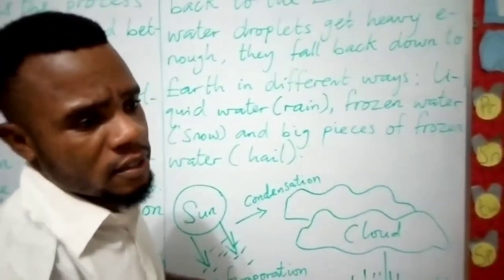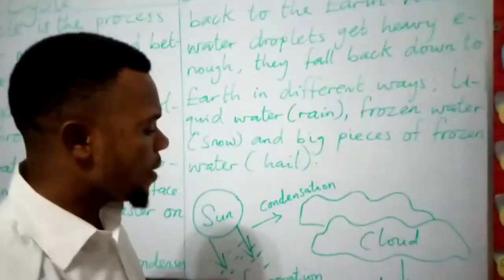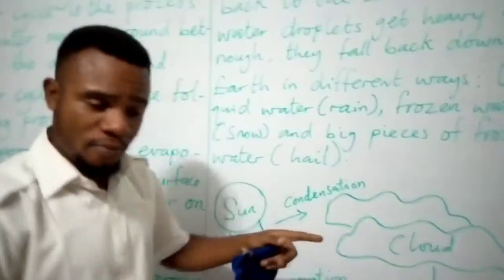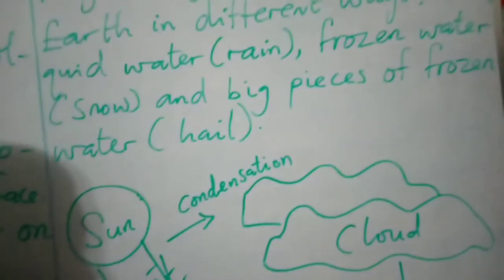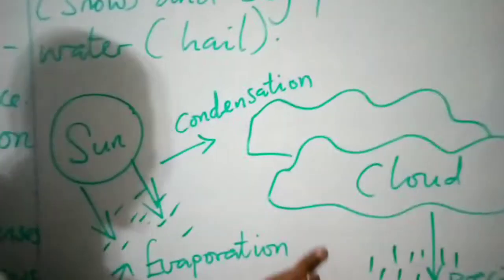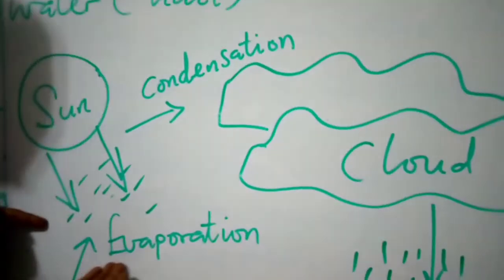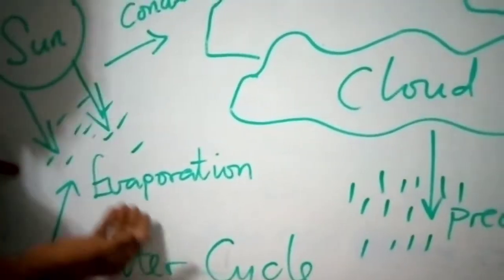So water is more than the solid part of the earth. So when the sun hits the earth, the water also goes up in vapor form by the process of evaporation, from the liquid to gaseous state.